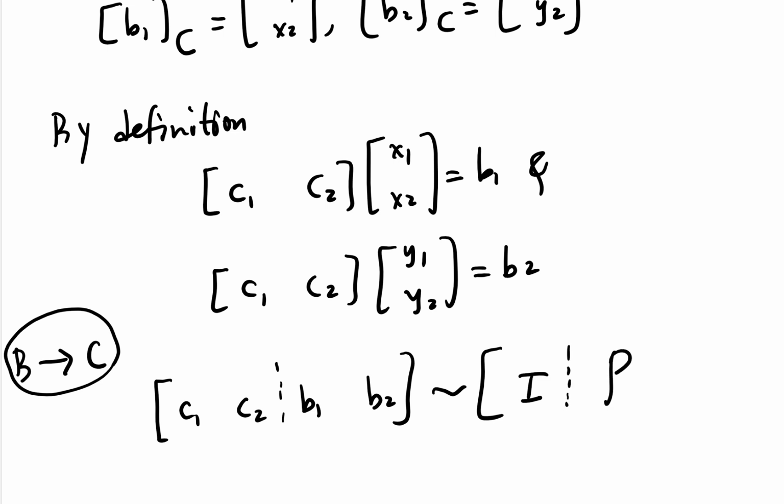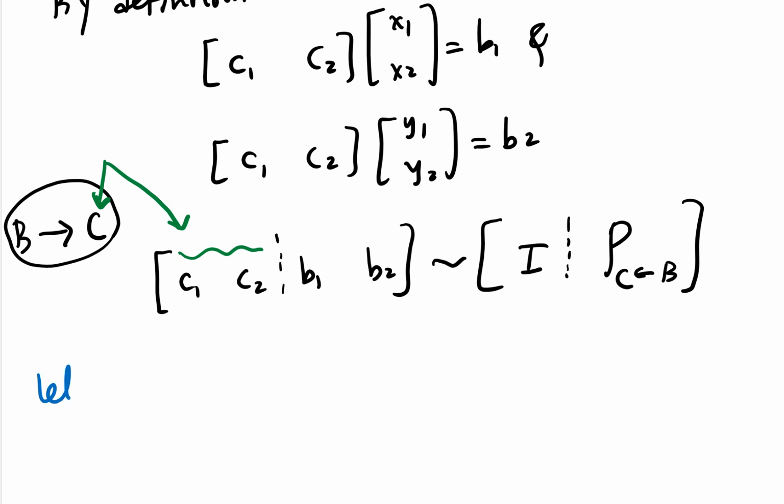And whatever we get here, we get the matrix that gives us the change of basis from base B to base C. So keep in mind, if you're going from B to C, then C must go first in here. If you go from C to B, then you put the B's first. Kind of like backwards.